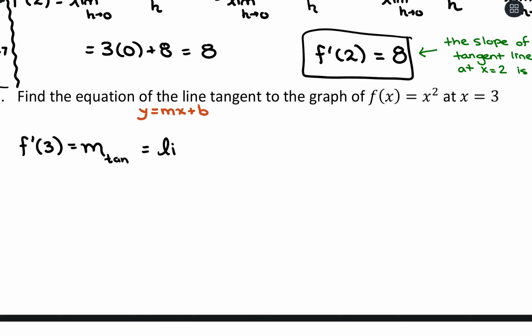So we're going to evaluate the limit as h approaches 0 of f of 3 plus h minus f of 3 all over h.